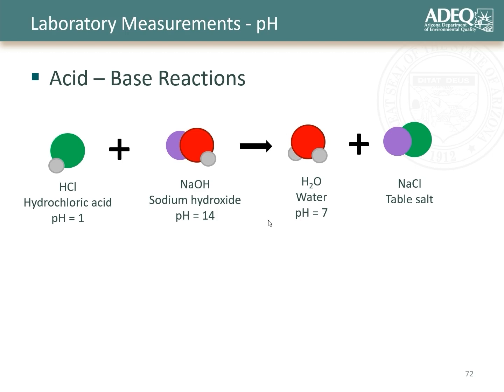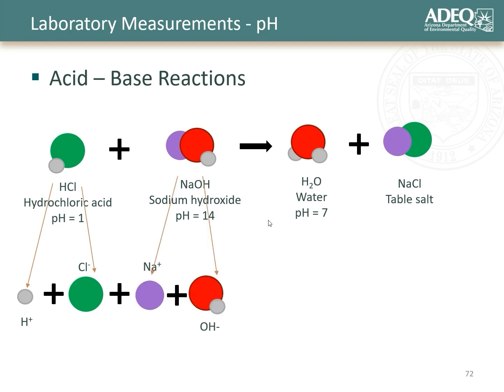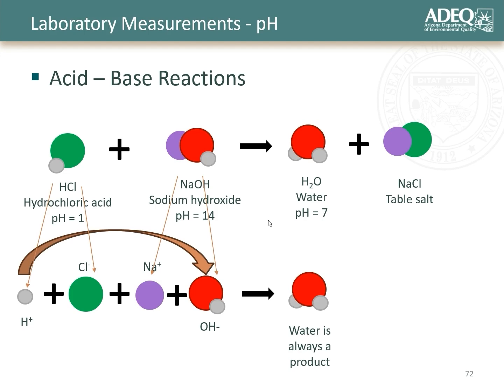If we look at each of the individual molecules that are part of this, hydrochloric acid is made up of a hydrogen proton and a chloride ion. Sodium hydroxide is made up of a sodium ion and a hydroxyl ion. Under these conditions, when you combine these two together, the hydrogen ion and the hydroxyl ion will react and combine to form water. The sodium and the chloride, because they're within water, will stay dissolved.